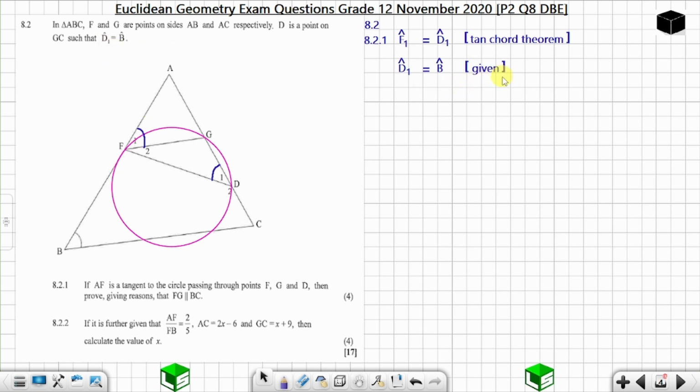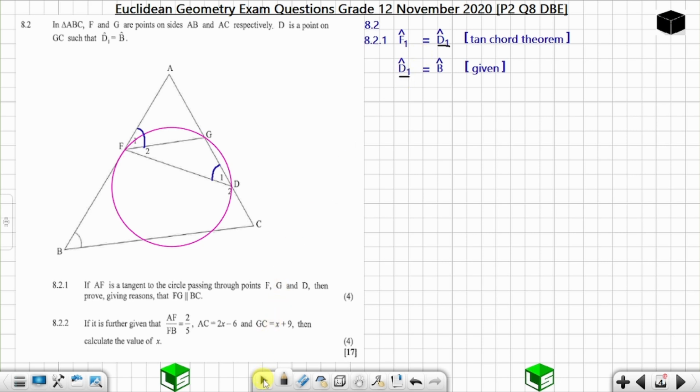Now, can you see angle F1 is equal to the angle D1, and angle B is equal to the angle D1.